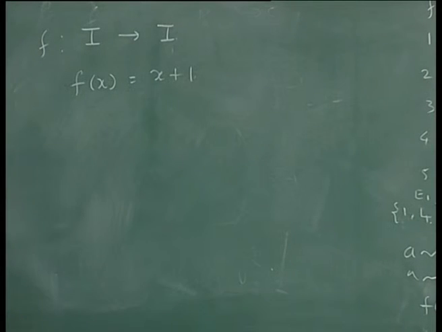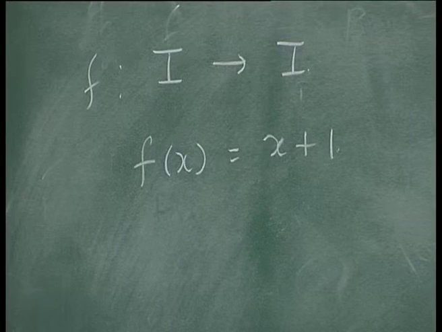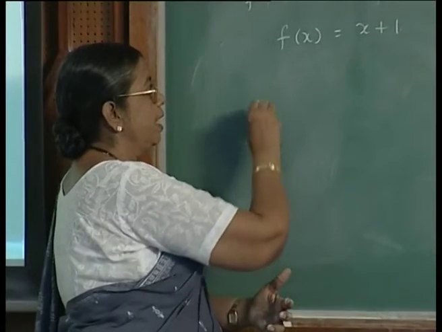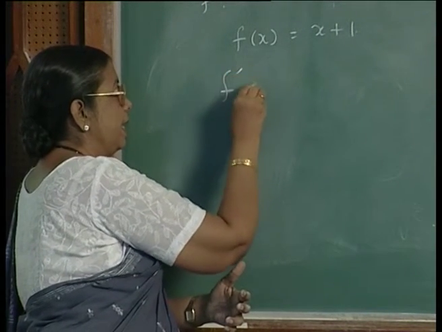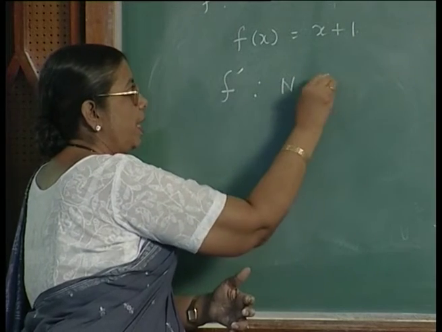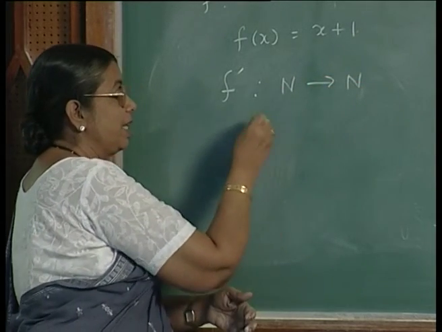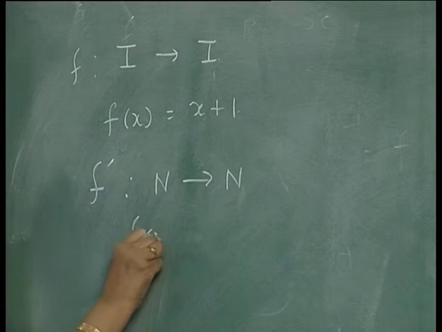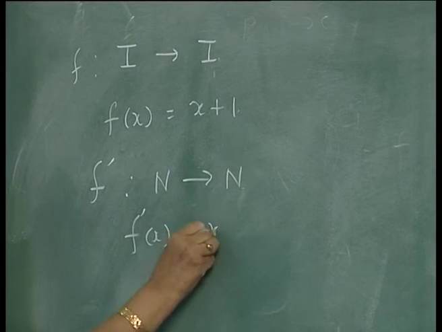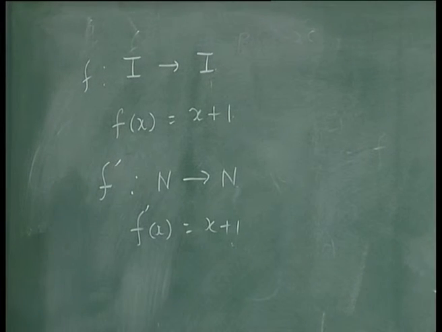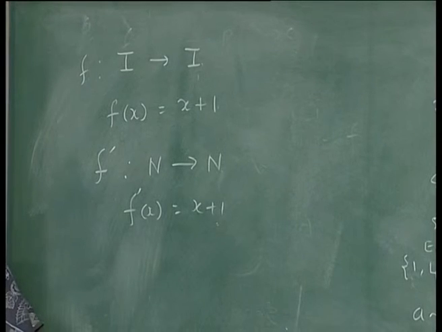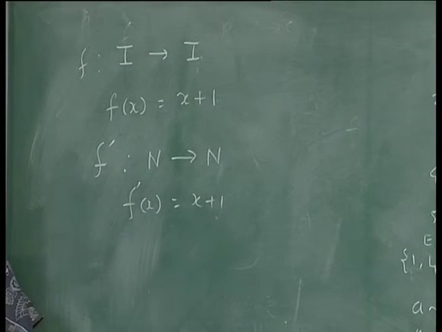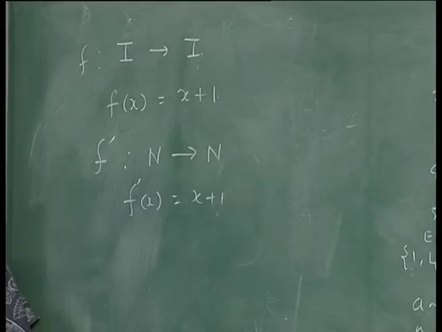This is a function from integers to integers, but if I restrict the domain to non-negative integers, I define f dash, from non-negative integers to non-negative integers, but it defines the same one: f dash of x is equal to x plus 1. This is the same as f of x as far as the non-negative integers are considered, but you are not considering the whole domain, you are considering only a subset of the original domain.